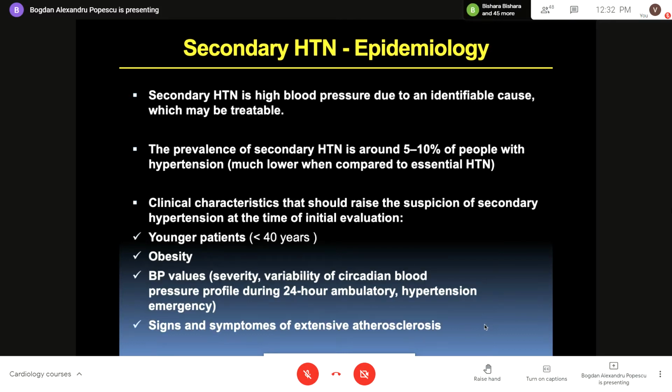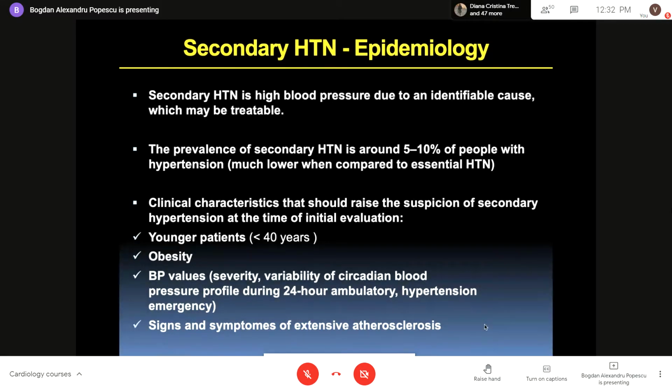First of all, you may have some clinical hints that may raise the suspicion of secondary hypertension when you assess the patient. Again, just to summarize, the younger the patient, the more you think maybe this could be secondary hypertension.